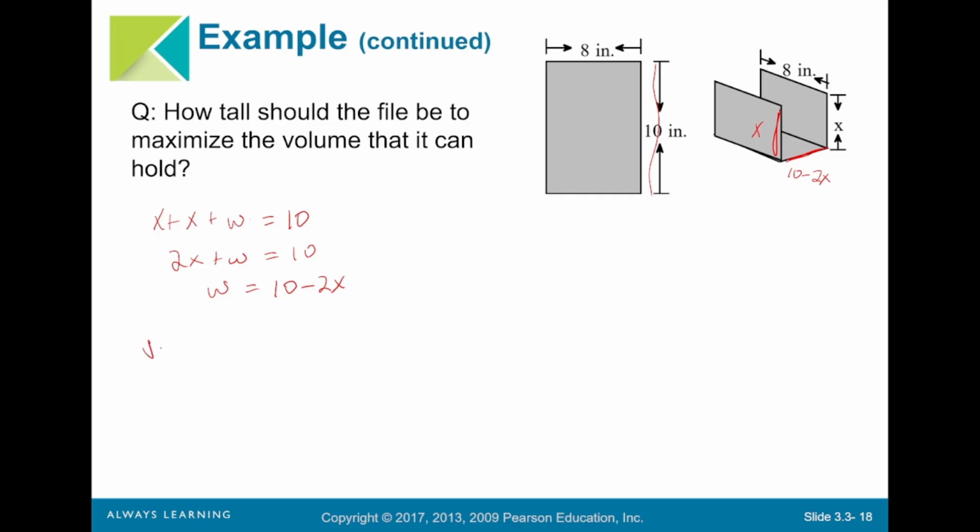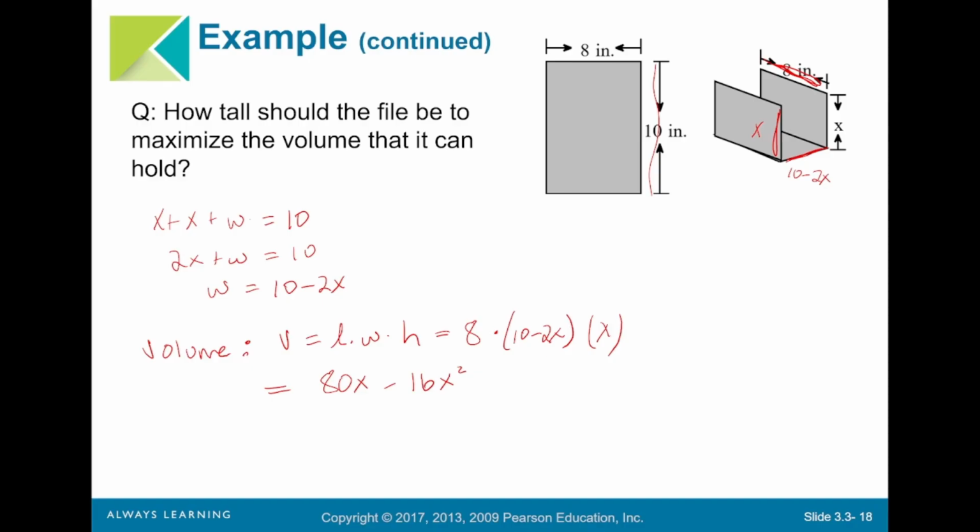Okay, so now volume, which is length times width times height. Well, the length is 8 along here times the width we just found, 10 minus 2x, and the height is x. Well, simplifying this, we get 80x minus 16x squared.